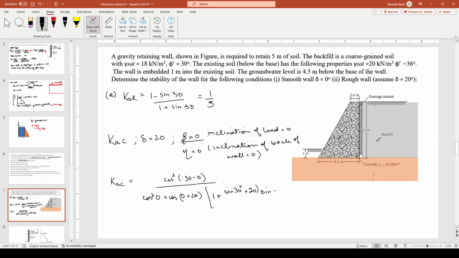And this comes out to be, let me write, Ka Rankine is equivalent to 1 by 3 and Ka Coulomb equals 0.3. Okay, so this was step 1.